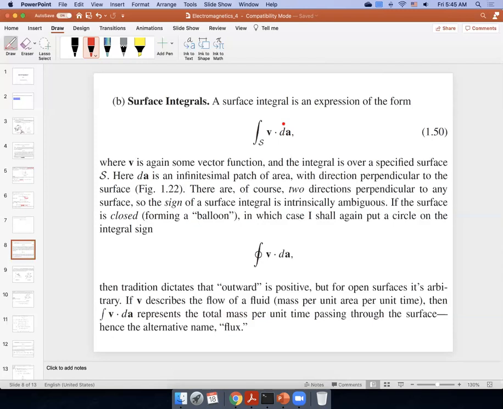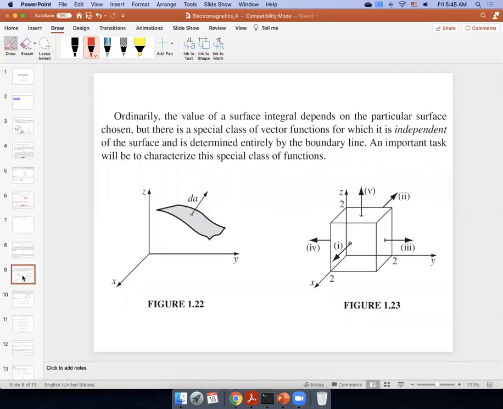dA is an infinitesimal area. Here is a picture of a surface integral. For example, if you have a surface here and you want to do a surface integral in this area, a very small area could be defined as dA.